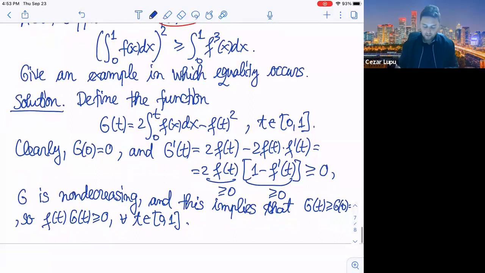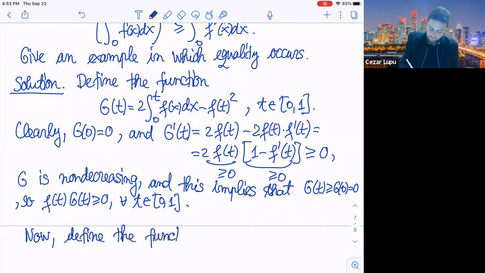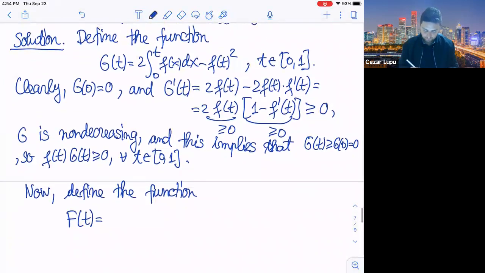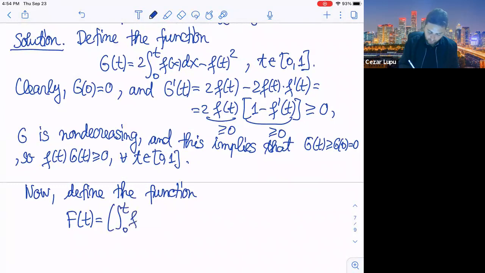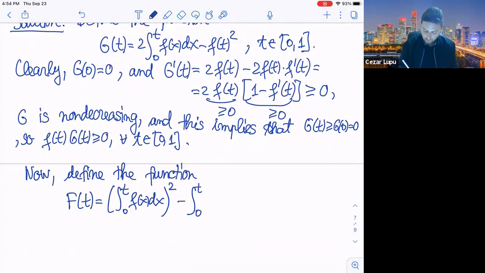So let's do this. Now we define a function, capital F of t, as the integral from 0 to t of f of x dx, squared, minus the integral from 0 to t of f cubed of x dx, for t in [0, 1].